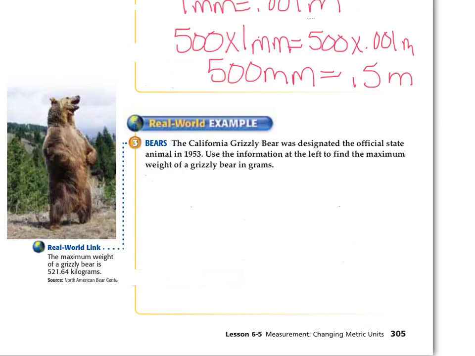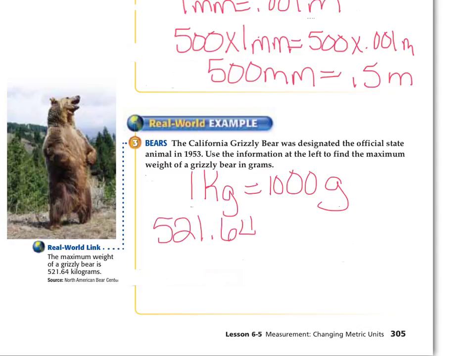We know that our relationship is 1 kilogram equals 1,000 grams. So we would take 521.64 times 1 kilogram equals 1,000 times 521.64.